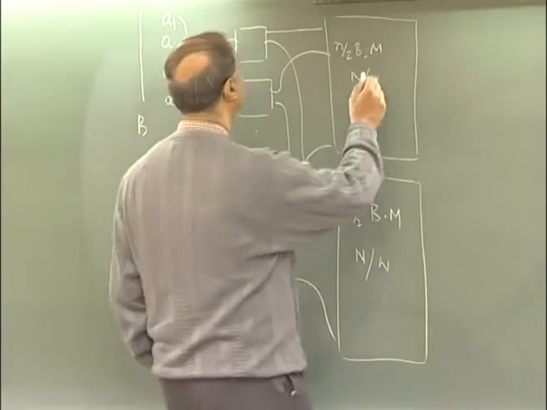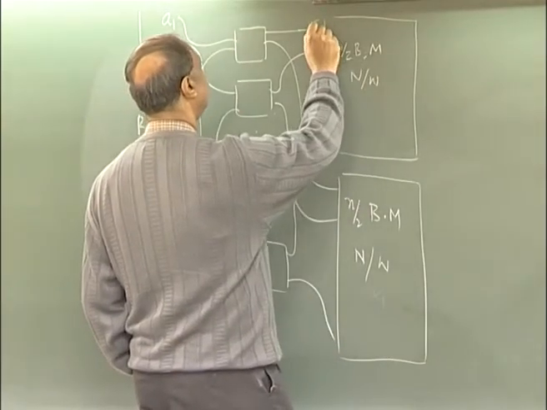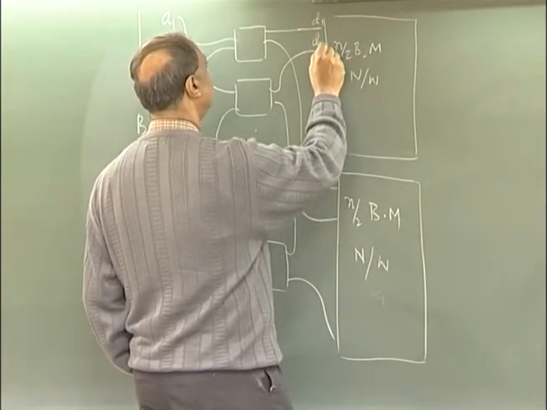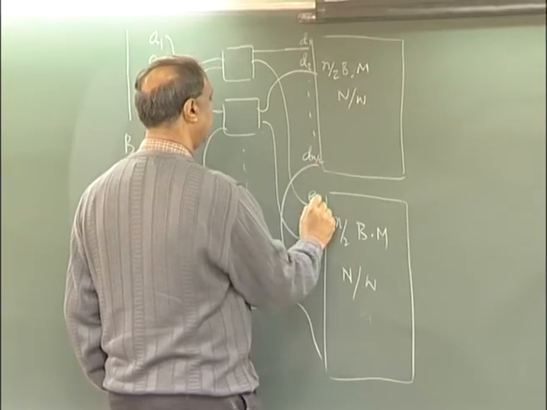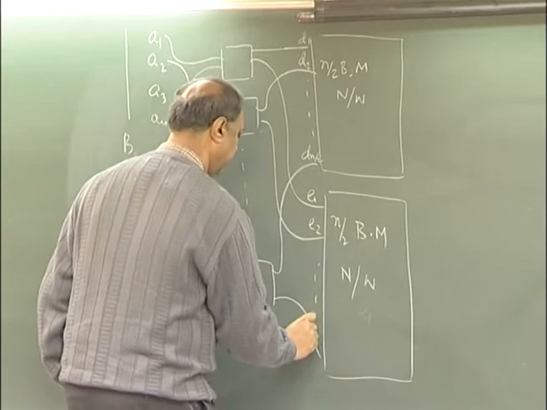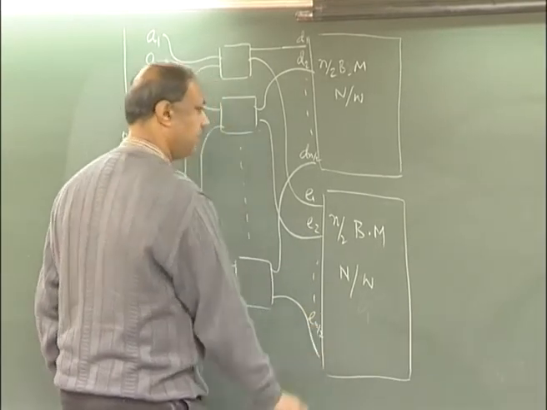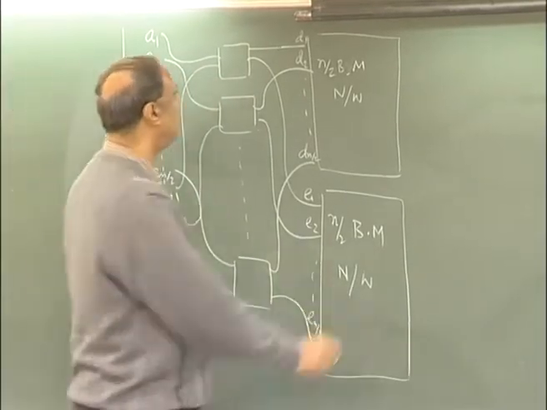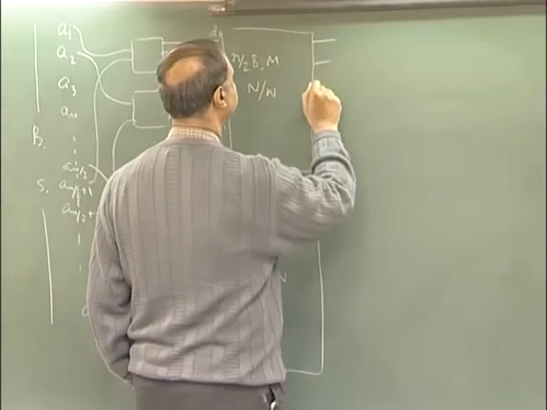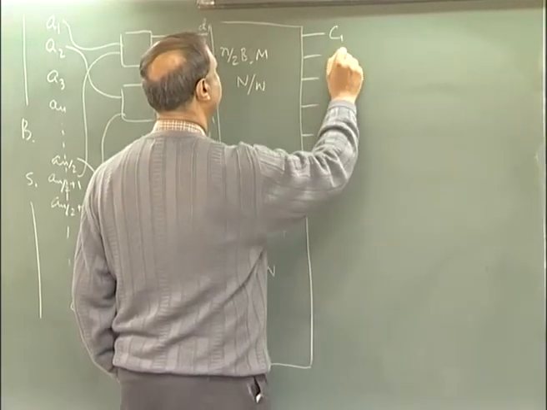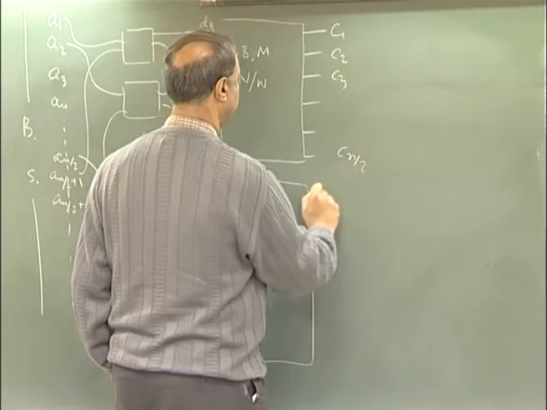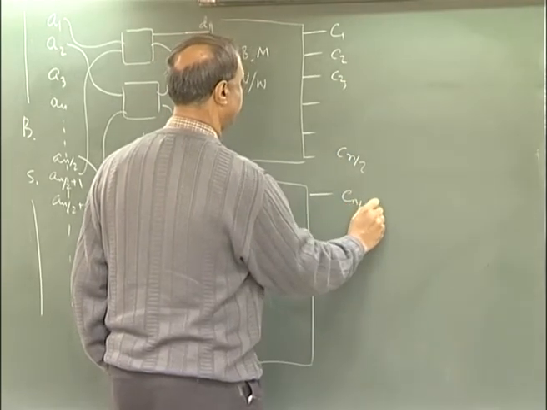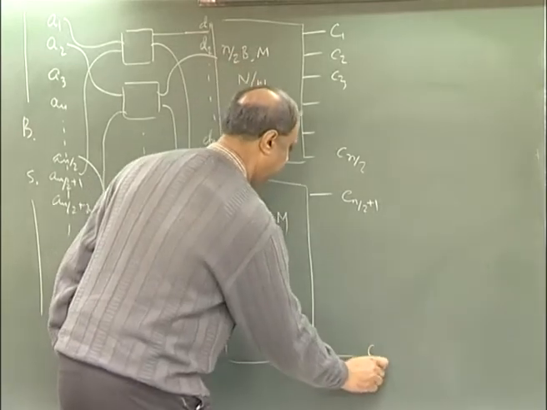So you get here basically D1, D2, up to Dn by 2, you get E1, E2, up to En by 2. Then recursively if you call, you get C1, C2, C3, up to Cn by 2, you get Cn by 2 plus 1, up to Cn.